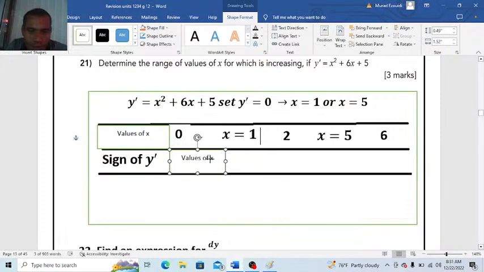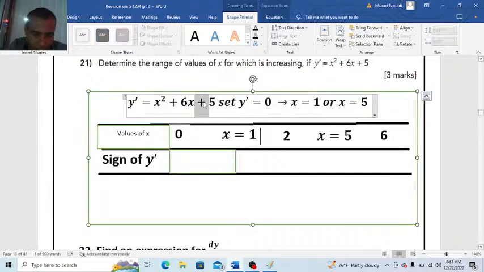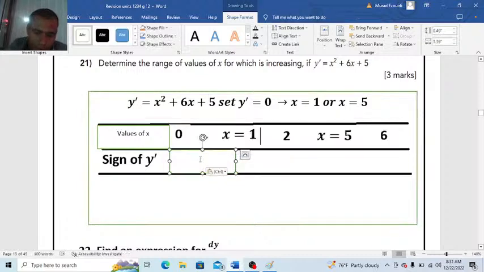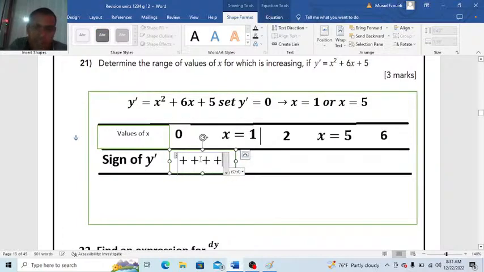I will put it here. This one is a positive sign, but I will use this positive sign. Copy. This is positive.